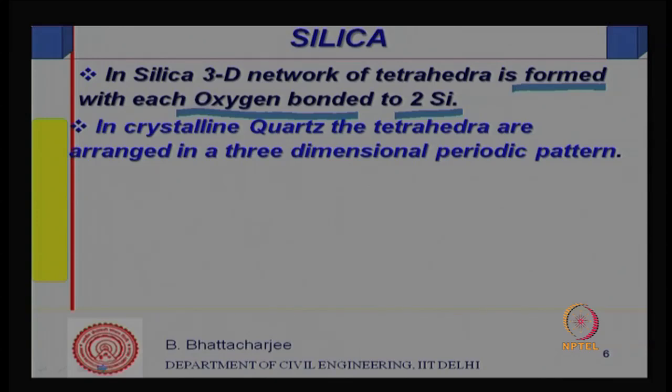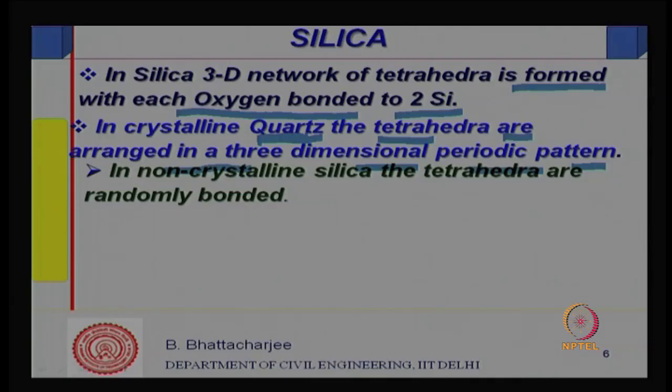Crystalline quartz is one of the silicas, one of the most stable silicas. The tetrahedra are arranged in a 3-dimensional periodic pattern. In crystalline quartz, this tetrahedra SiO4 with 4 negative bonds available is arranged in a 3-dimensional periodic pattern, all right.